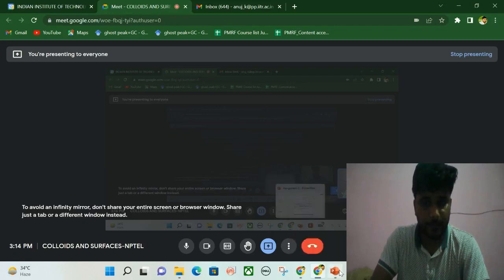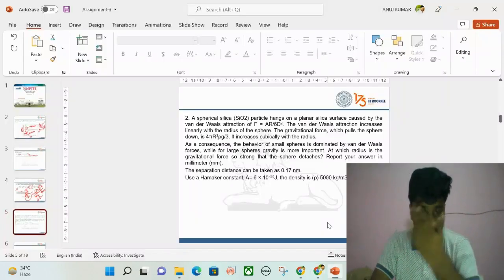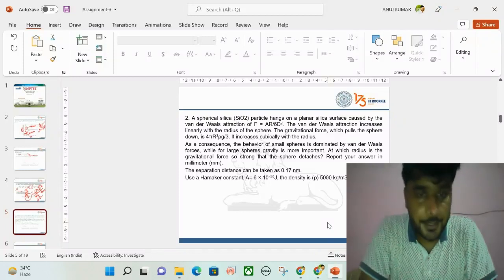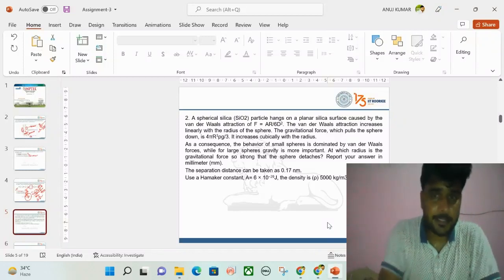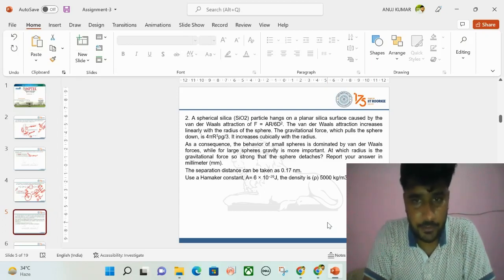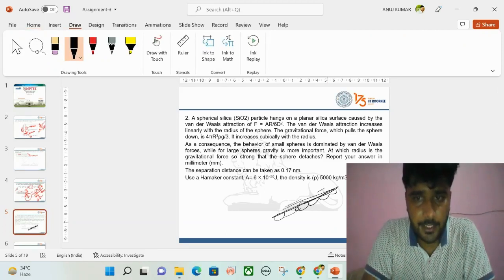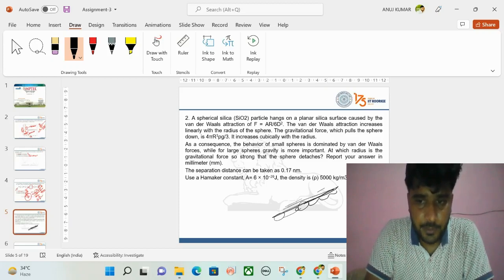The next question is about spherical particles hanging on a planar silica surface. There is a silica surface, and the silica particles are hanging on it.